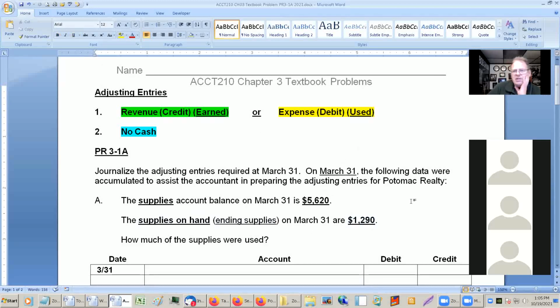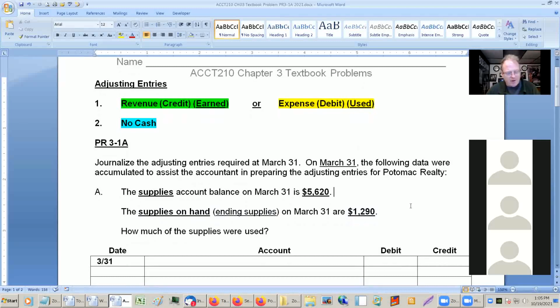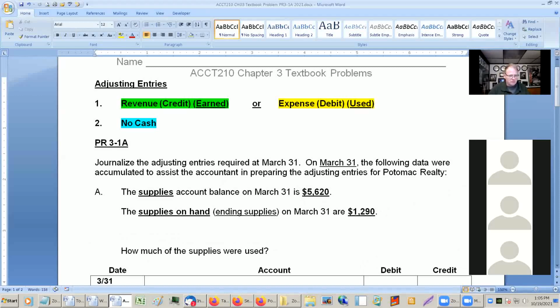So the question is, how much of the supplies were used? And I don't know the answer. $4,330. Possibly. Yes, that is right. So the supplies account, the 5,620, this would be sort of like the supplies available. You know, the most supplies you could possibly use.